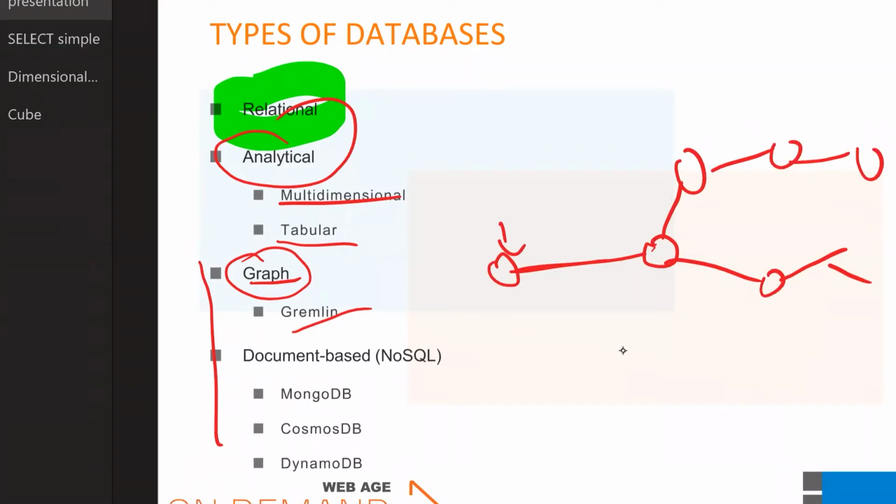A very common example of where you will want to use this graph database would be, say you want to store maps data. If you have geospatial data, like latitude, longitude, and so on, think of Google Maps or Bing Maps.